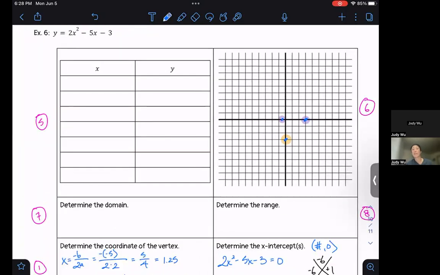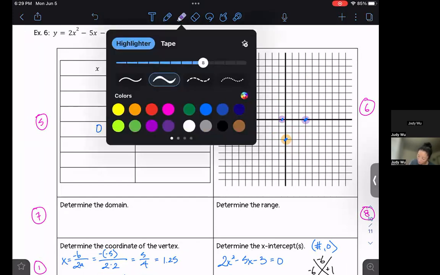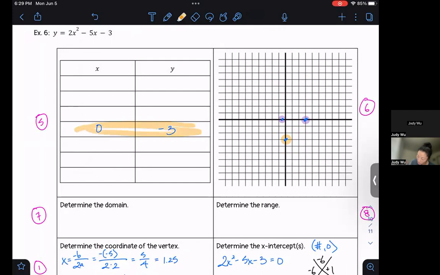All right, now let's be clever about what we choose to put into our table. I think that this y-intercept seems pretty close to the center, right? Because my parabola should go something like this. Since it's close-ish to the center, let's put that 0, -3 in for our sort of like middle point on our table, okay? And then let's choose some values around that. So I'm going to try -1 and +1.